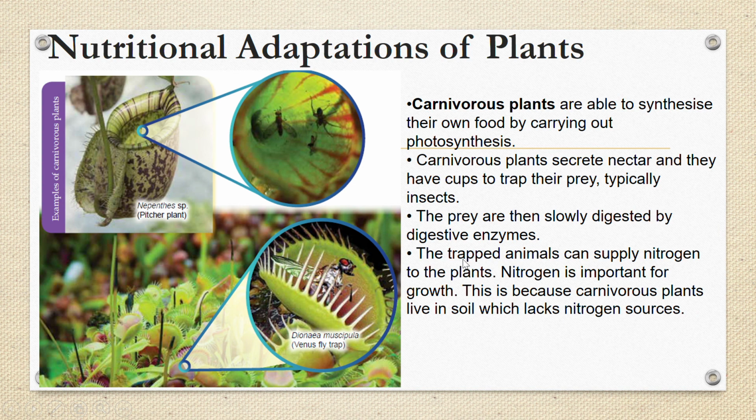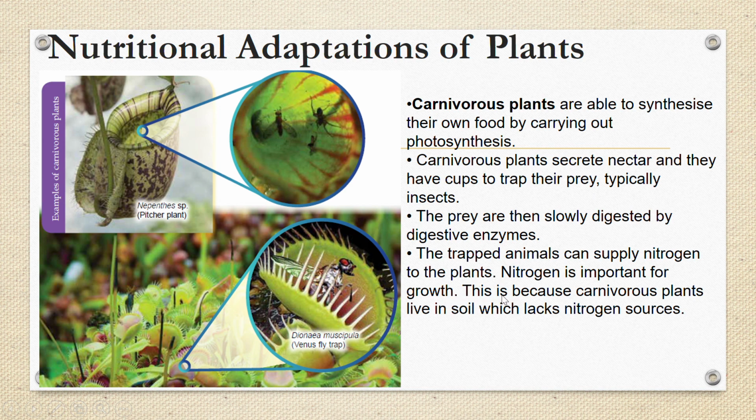The trapped animals can supply nitrogen to the plants. You still remember nitrogen is the macronutrient that is very important in the formation of chlorophyll. It is very important for growth as well.